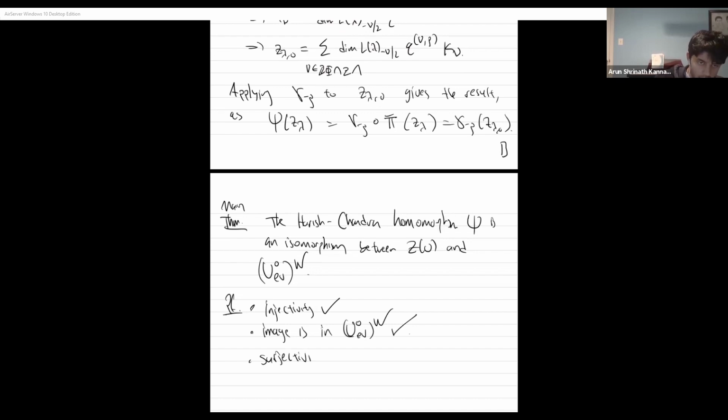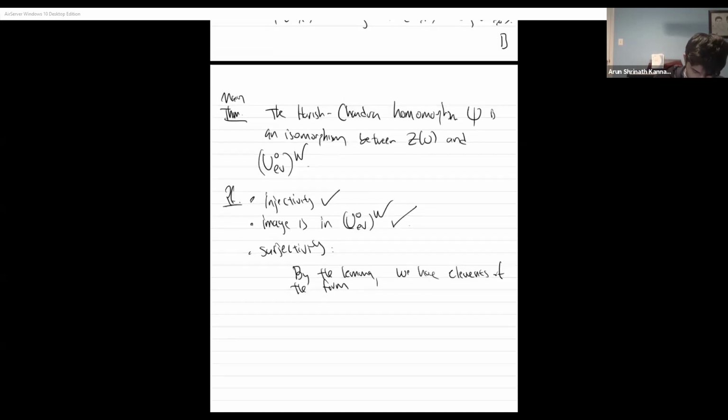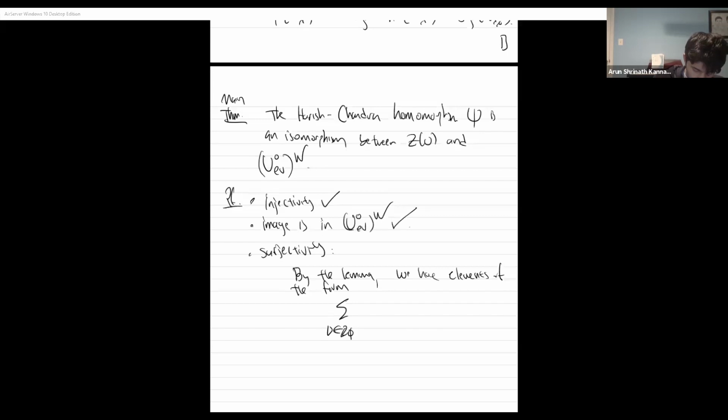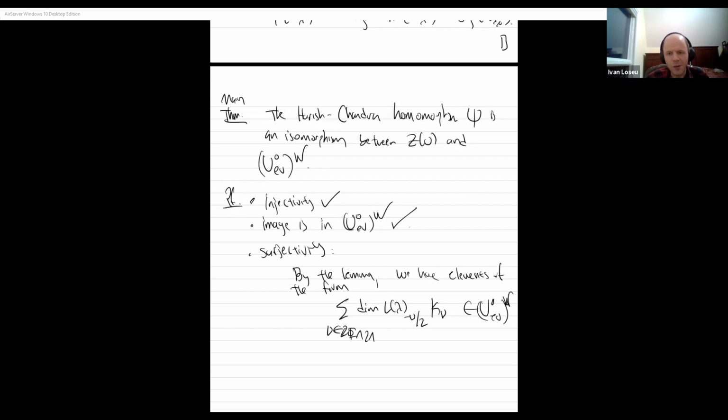But now, with all this work, we have elements. By the lemma, we have elements of the form nu in Z phi intersect 2 times the weight lattice, dim L of lambda minus nu over 2 k nu in U0 to the W. Not only are they in that algebra, they're also in the image of the Harish-Chandra homomorphism.